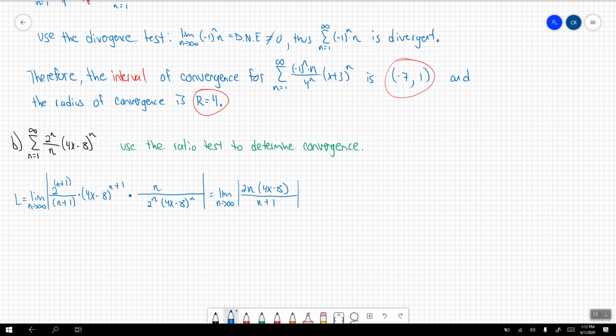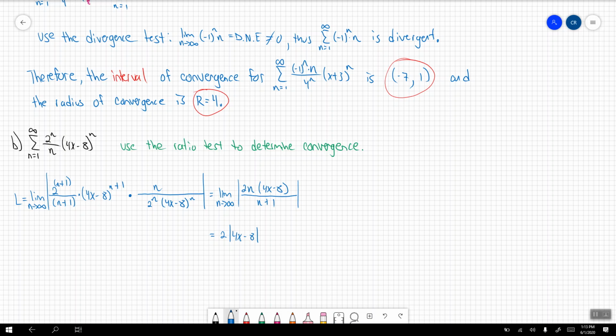Anything that's a constant, I could then factor out. My constants here are a 2, and also the 4x minus 8. So factoring that out, I'm going to be left with 2 times the absolute value of 4x minus 8. The absolute value needs to be here because it's initially inside of the absolute value.